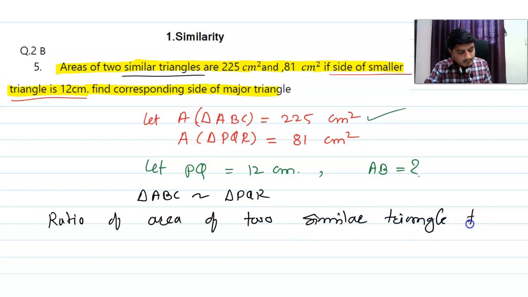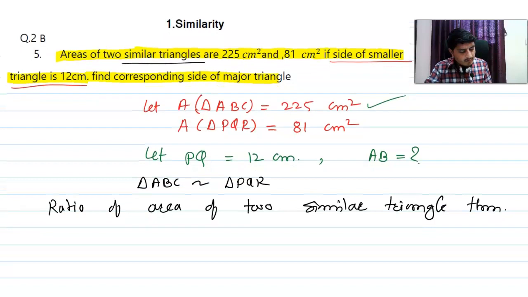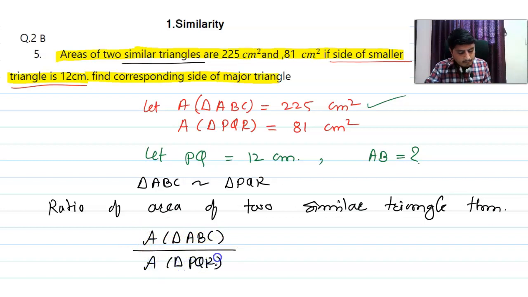As per the theorem, look carefully. The ratio of area means the area of triangle ABC divided by the area of triangle PQR is equal to the ratio of squares of their corresponding sides.